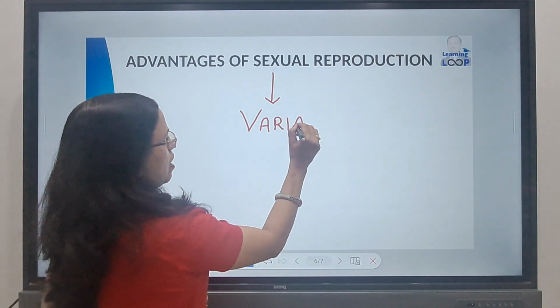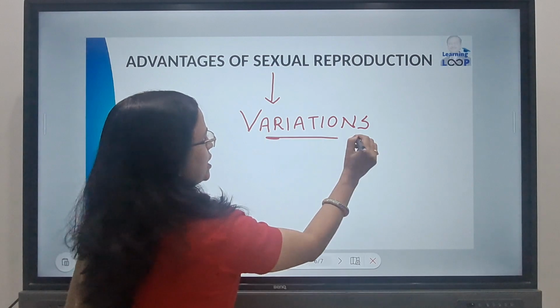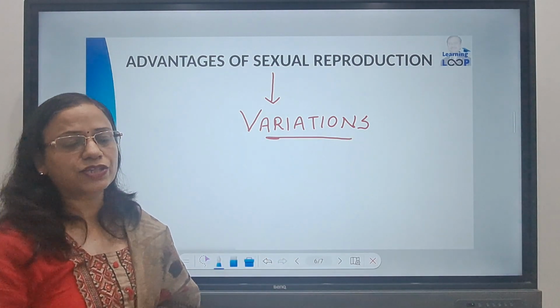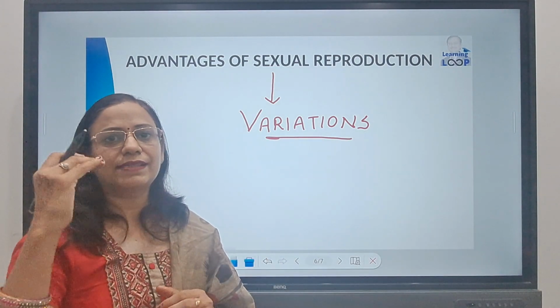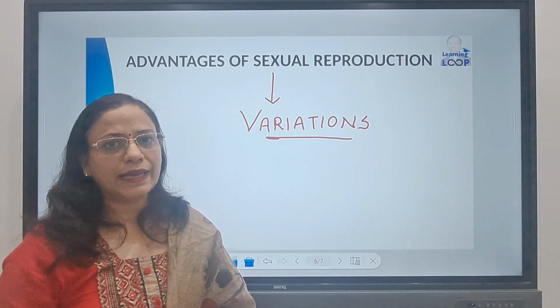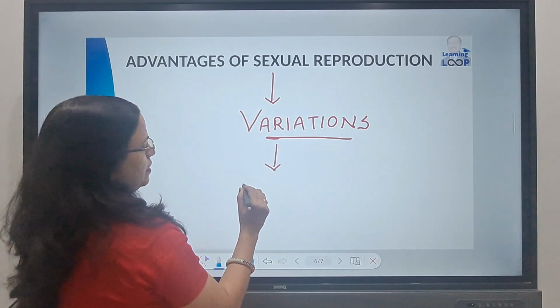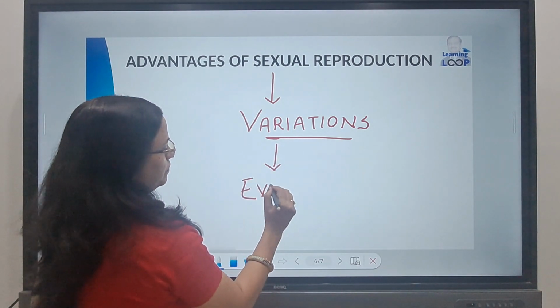Variations are produced only in sexual reproduction. In asexual reproduction, the offspring is the exact copy of its parent. No variation at all. And it is variation which in the long run results in evolution.